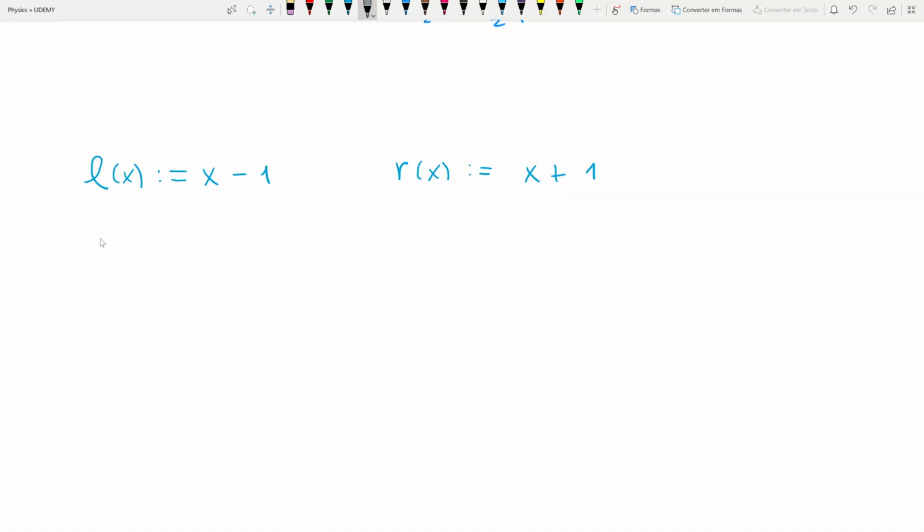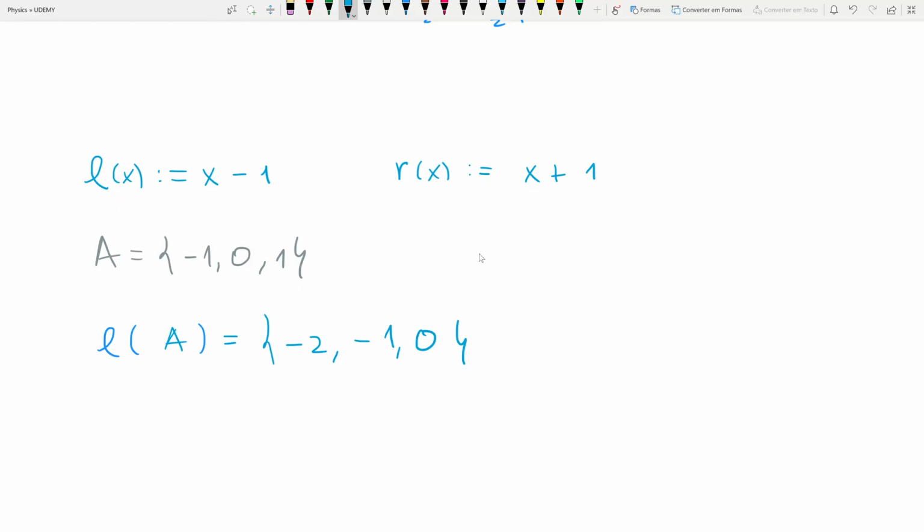So we again consider the set A, -1, 0, and 1. So it's centered at 0, but now if I act with L on our set A, notice what happens. You get -1 minus 1, which is -2, then -1, and then 0.